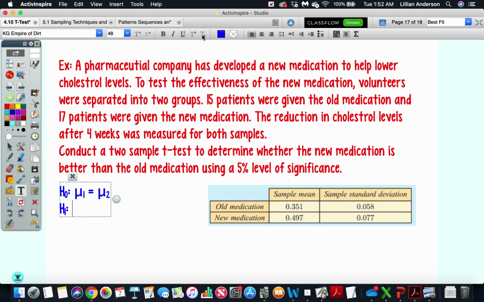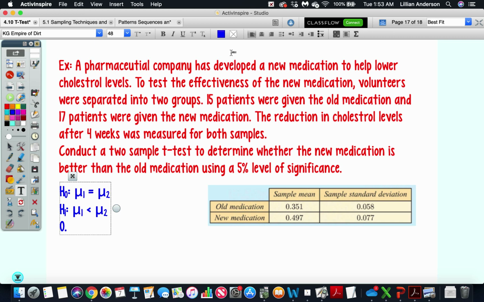So if I go back through and read this, we can see that the alternative hypothesis is going to be mu sub 1 is less than mu sub 2. And the reason for that is that we're trying to determine whether the new medication is better than the old medication, which means that the old will be less than the new. Okay, so that's why we use the less than symbol.